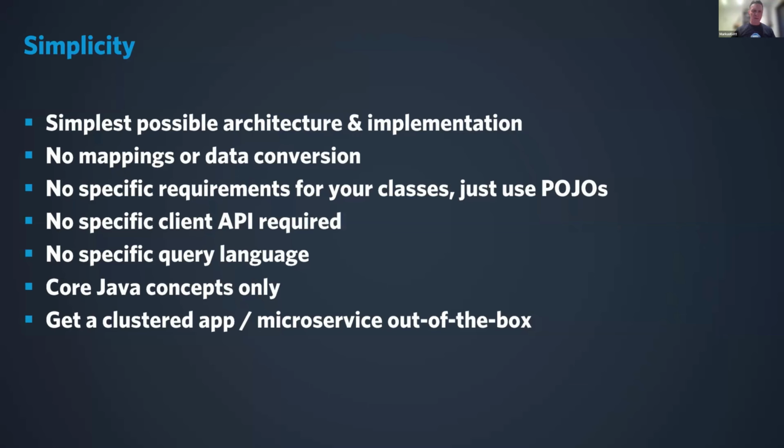Implementing and using EclipseStore is really so much more convenient in comparison to a database. You don't have to learn database specific stuff. You don't have to learn another query language. You don't have to deal with database specific data structures. You don't have to build your object model around your database model. It's just core Java stuff.